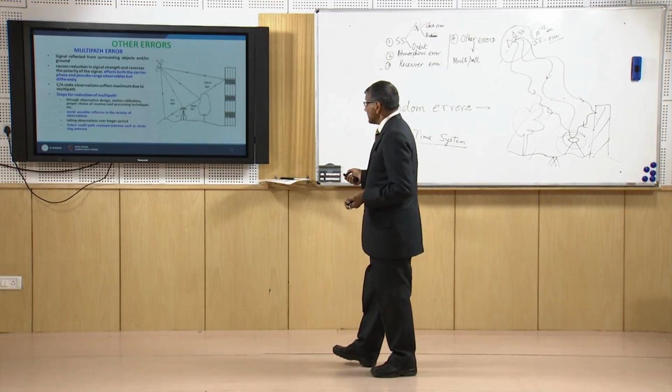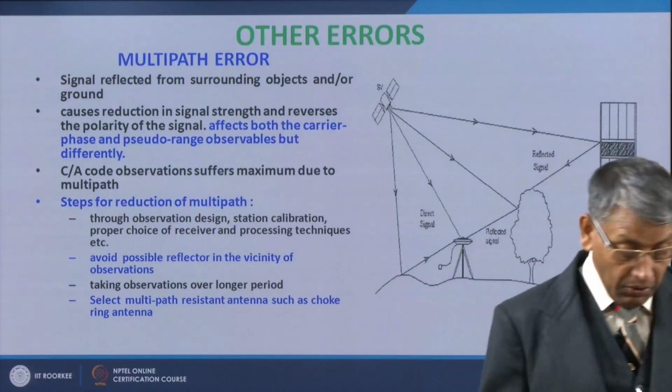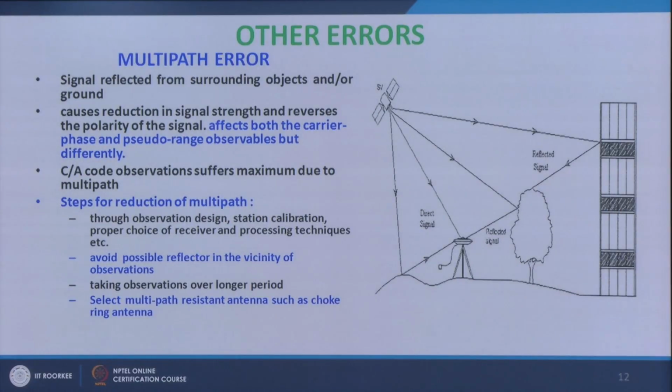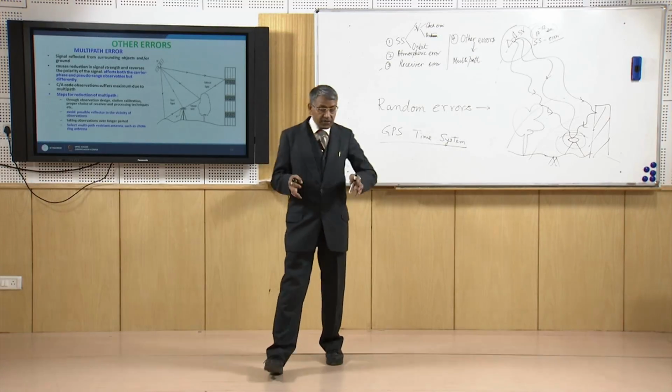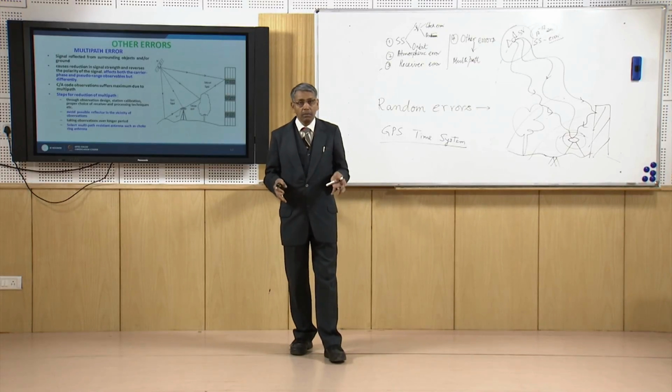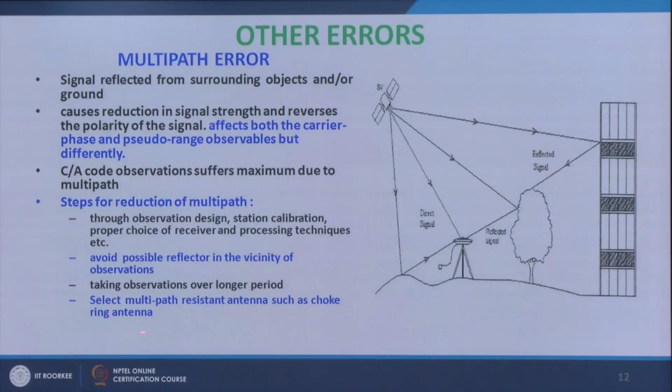And another way to take care, because otherwise it may not be possible to choose that type of ground or station: nowadays there is a specific type of antenna available called the choke ring antenna. This type of antenna actually rejects multipath.